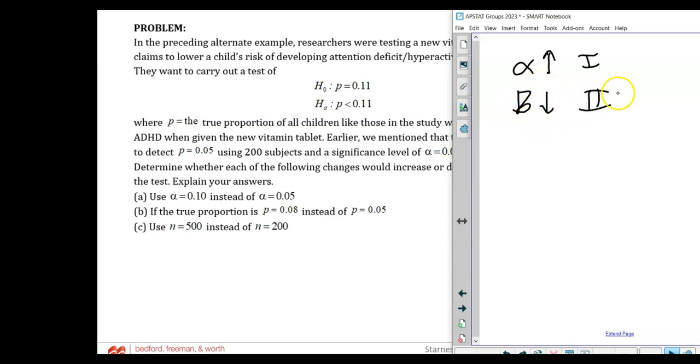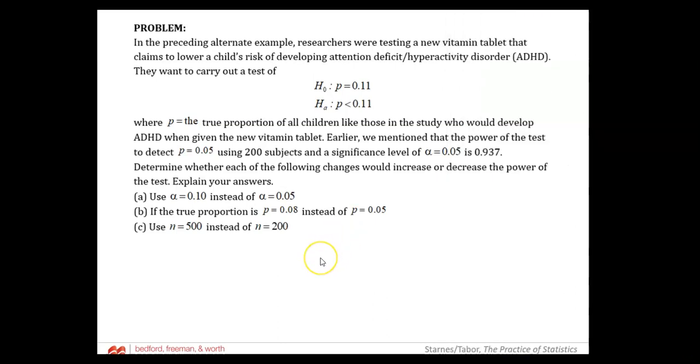The power works exactly the opposite of type 2 error, so if beta goes down, power is going to go up. Type 2 and power are complements of each other. One's 10%, the other one's 90%. One's 80%, the other one's 20%. So I think the power should increase here. Let's see what they say.